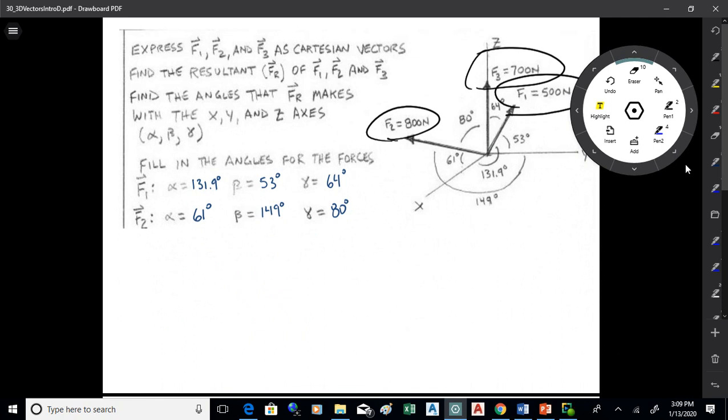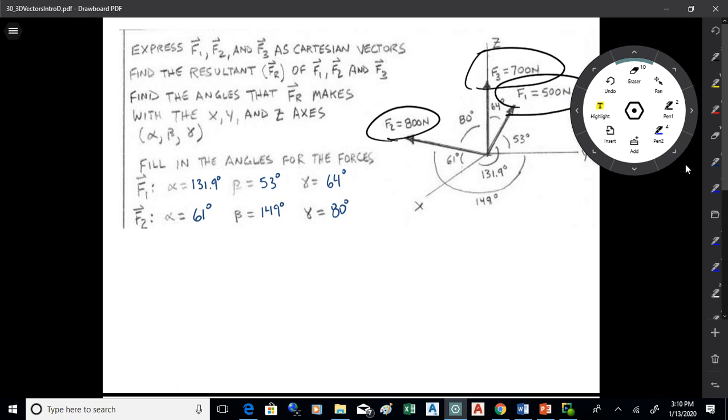So what we did on this example, which is in the packet of course, is we went through a basic example. If we knew the magnitude of the vector and the angles that the vector makes with the x, y, and z axes, we can run through a process to generate a Cartesian 3D vector. I'm on page 180.